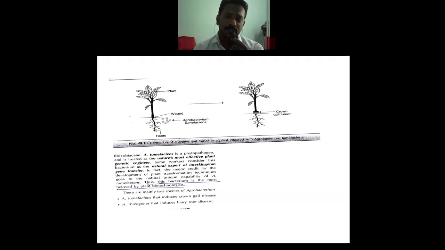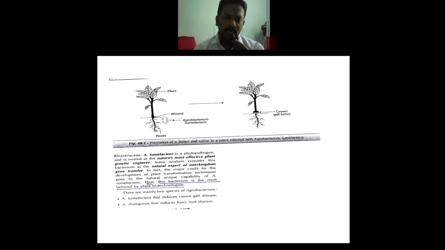These two combinations are the reason for the transfer of genetic material into the plant genome. It happens naturally, so it is called nature's most effective plant genetic engineering method. Some workers consider this bacterium the natural expert of inter-kingdom gene transfer.